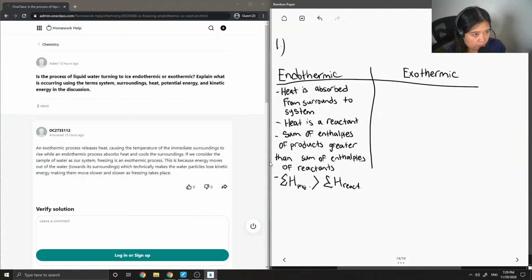Okay, so now let's look at exothermic reactions. So here, heat is given out to the surroundings.